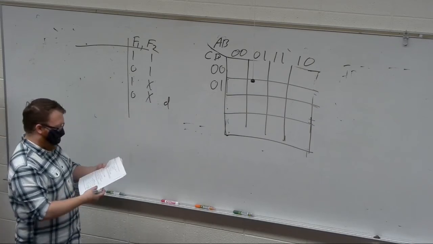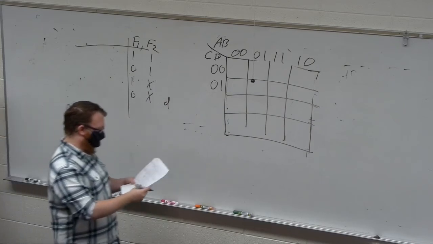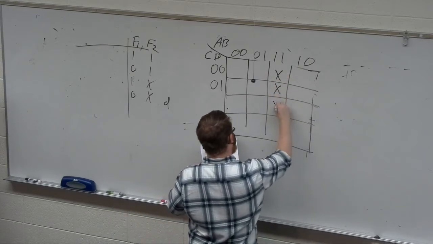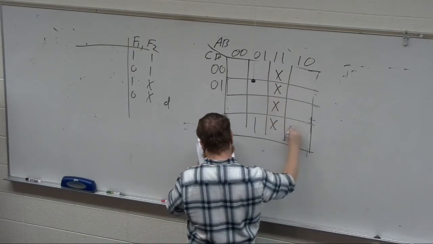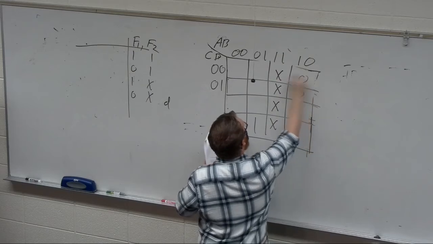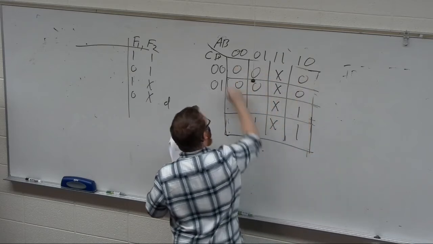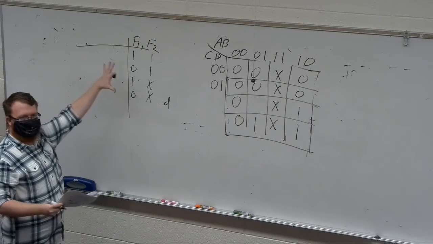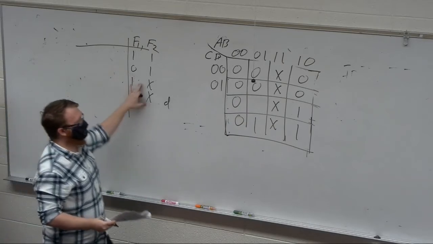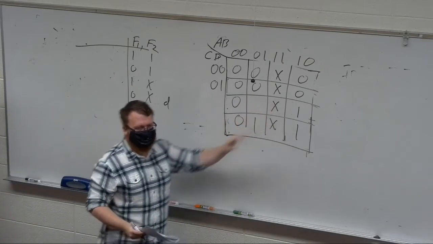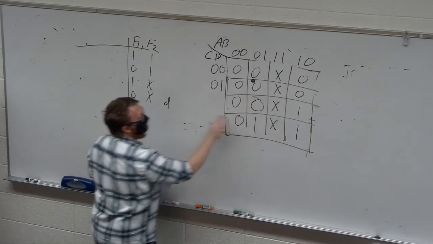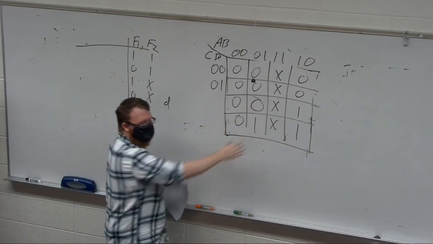So what a don't care truth table may look like, say I had some functions, say it was 4 inputs, I take these don't cares and throw them where the ones would be, right? So I'm going from truth table 1 and putting it there, and then taking the don't care and putting it there.